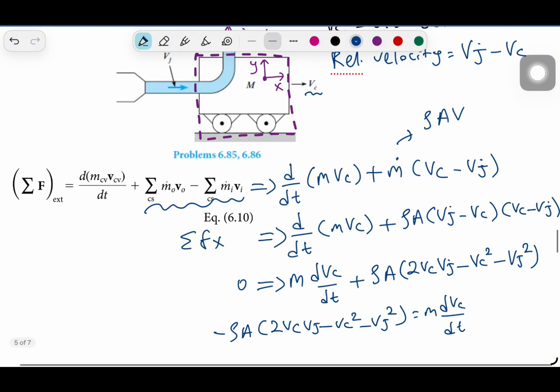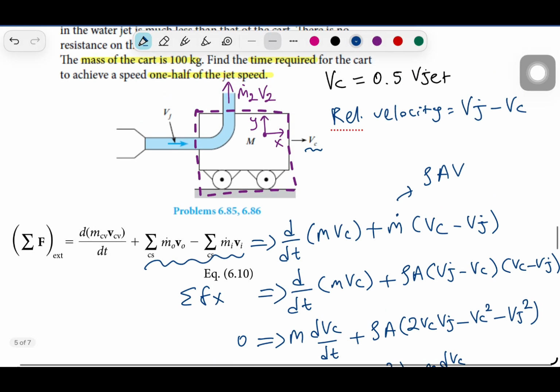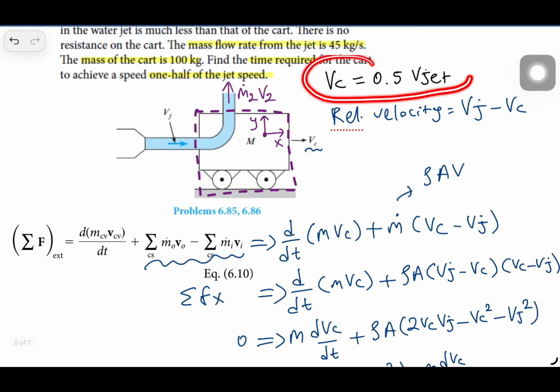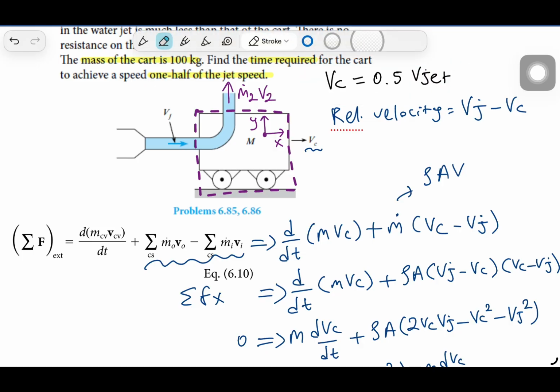Here, we actually need to find something similar to this term. For example, we can modify it like Vc over Vj is equal to 0.5.